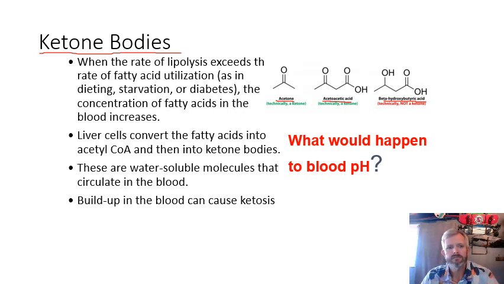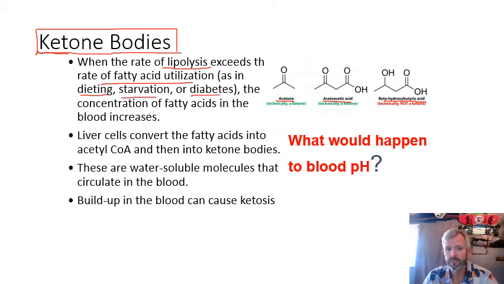This is kind of the premise of the ketogenic diet, what people are measuring is how much of these ketones. And why might this be important? Because of lipolysis. If we break down fat faster than we are actually utilizing it, as in dieting, the ketogenic diet makes us break down fat faster than we're utilizing it.